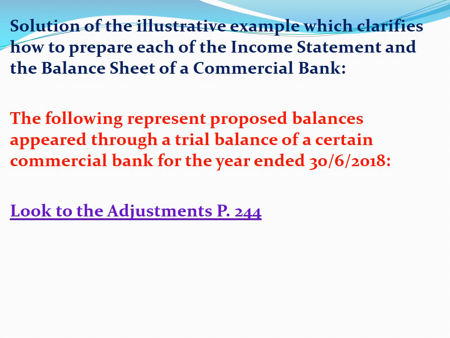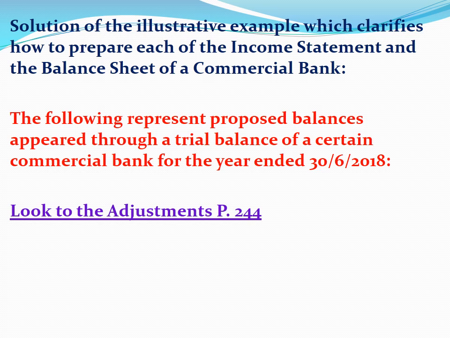That is assembling the sub-items, taking the adjustments into account, preparing the income statement and financial position statement, then clarifying the different clarifications that we have to consider attached to these statements.